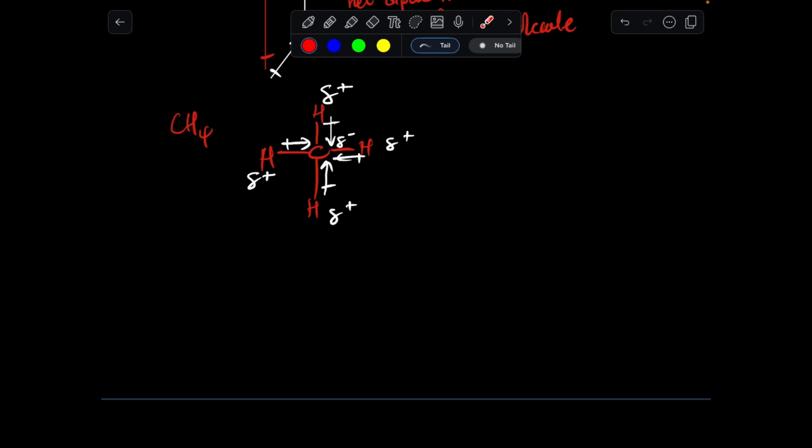I can start with any, as long as I'm moving in order, this way or that way. I can't do it randomly from here to here to here; it's not going to work. I have to go in order.